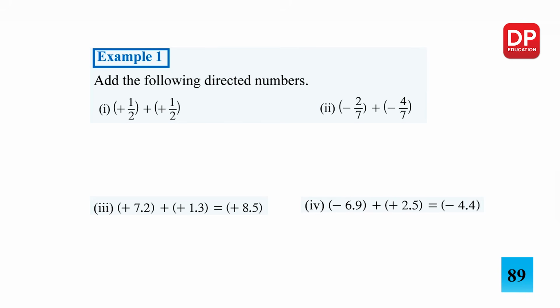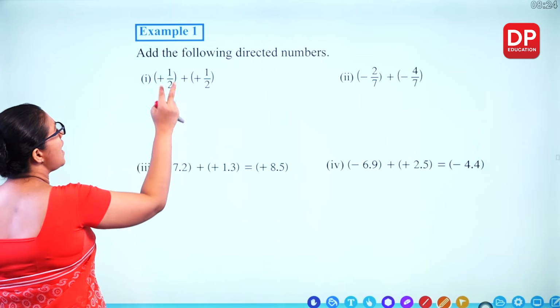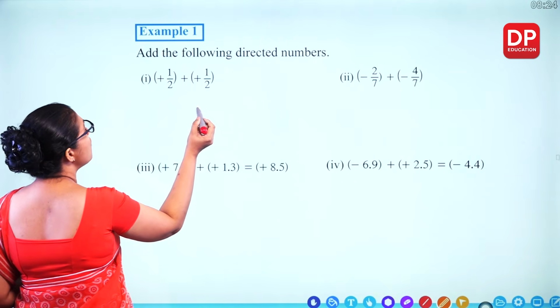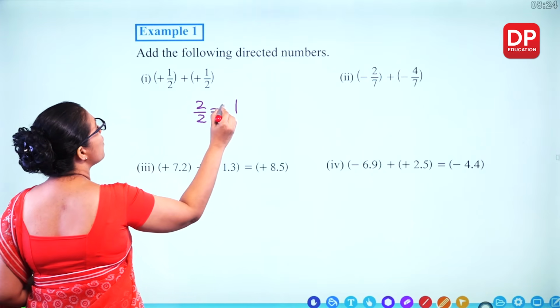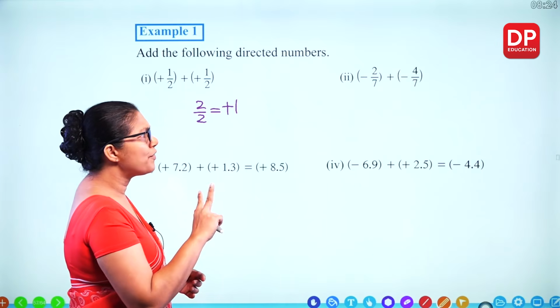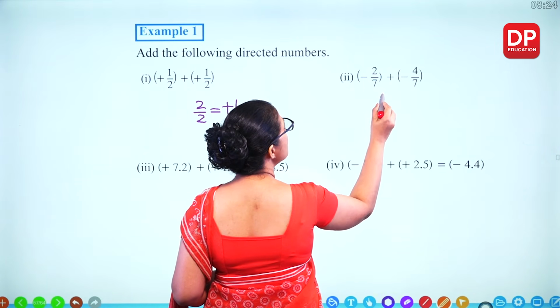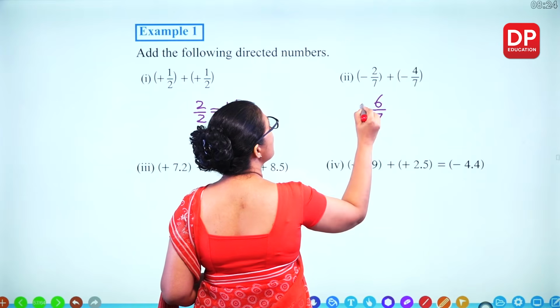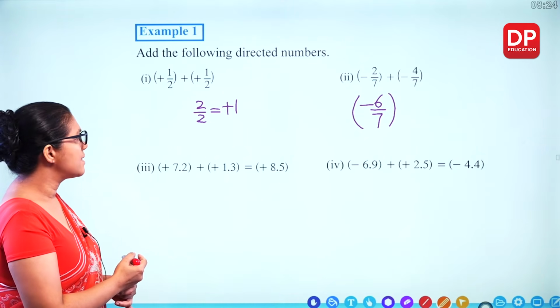Example number 1. Add the following directed numbers. You get fractions, decimals. Same sign. So you add it half and half. You get 2 over 2 or just 1. Both positive. So plus 1. Both negative addition. So that means add these two. 4 and 2, 6. 6 over 7. Both negative. So you put negative 6 over 7.